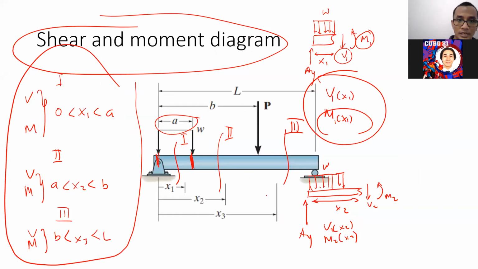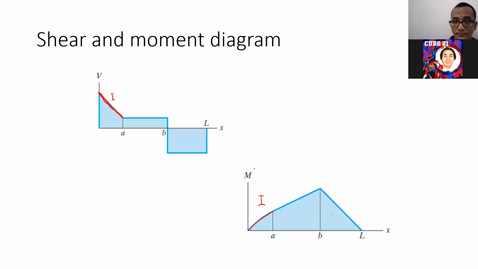For the second region, it is from this particular point till this particular point. And the equation that we will get from the second region is this.